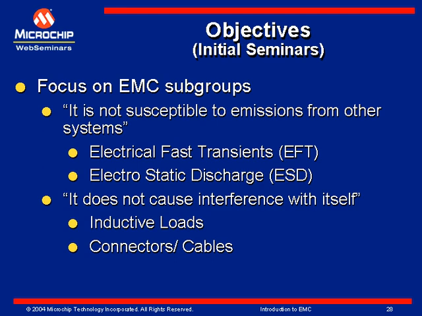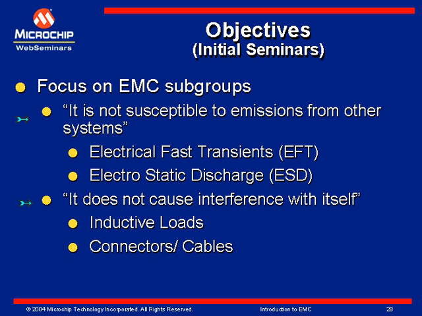Now, considering this is a huge subject, let us define our objectives: what we want to achieve with the seminars. The initial seminars will focus on two EMC subgroups. That is a part of the second definition, where it says it is not susceptible to emissions from other systems, like electrical fast transient, which you may see depending on your environmental conditions, and electrostatic discharge.